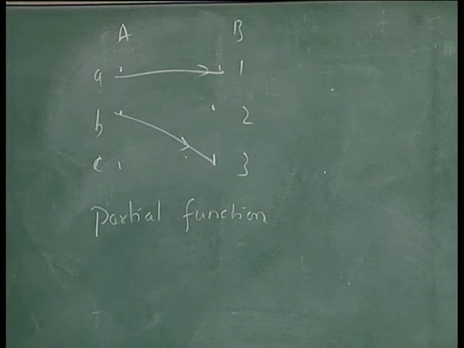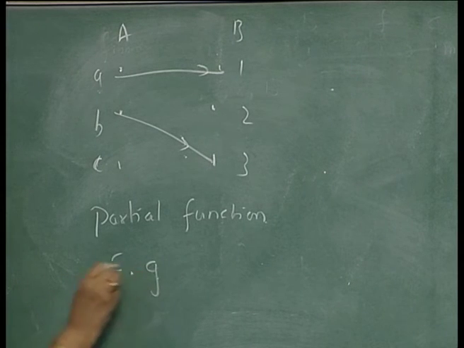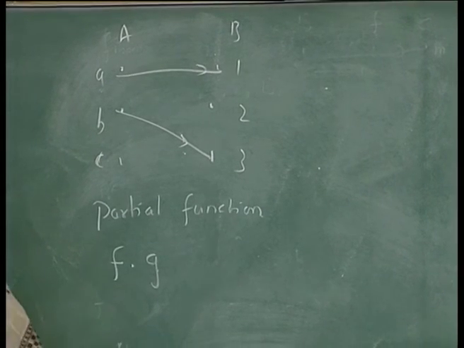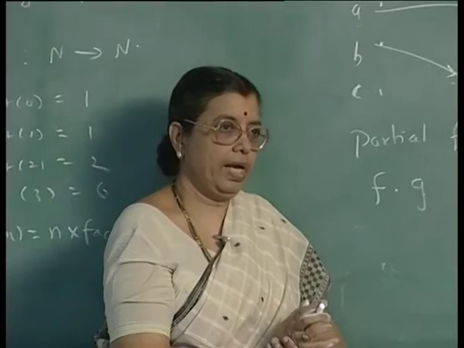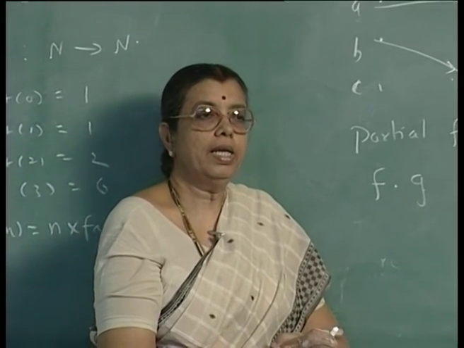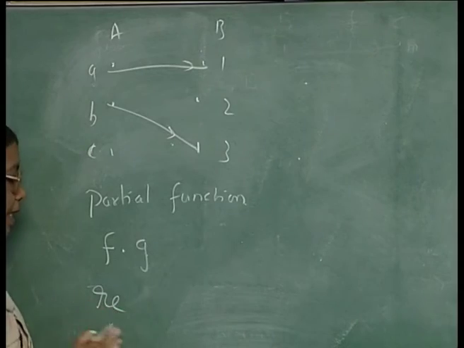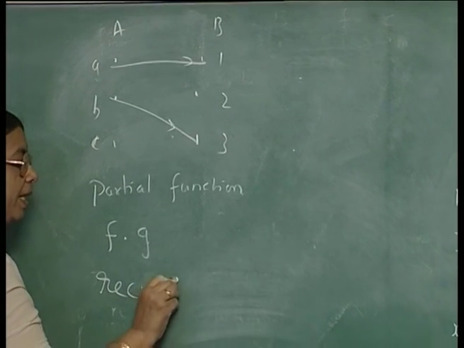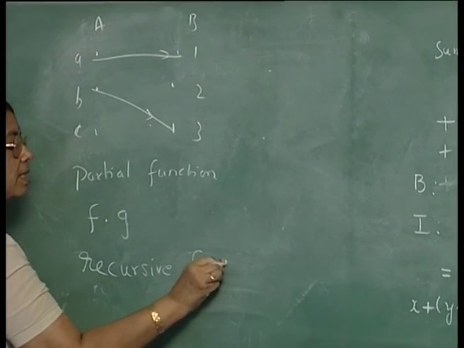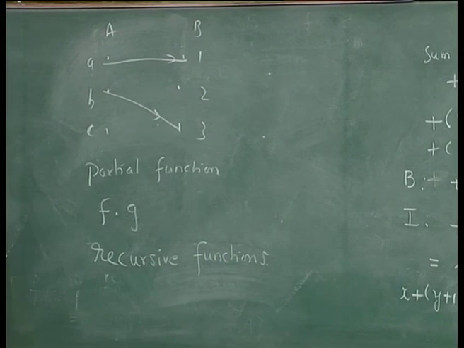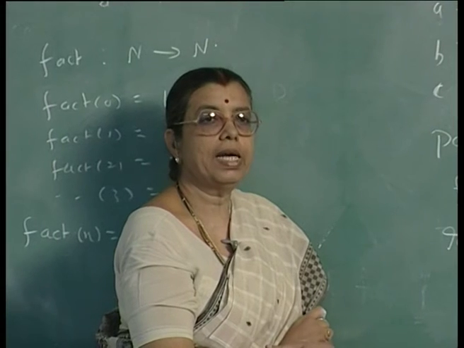For partial functions also we can define composition of functions. When you have two partial functions f and g, you can talk about the composite function f dot g, which will also be a partial function. The composition will be associative and other properties like that you can define. In general, the recursive functions, which we shall learn about a little bit later, form an important class. You talk about total recursive functions and partial recursive functions.